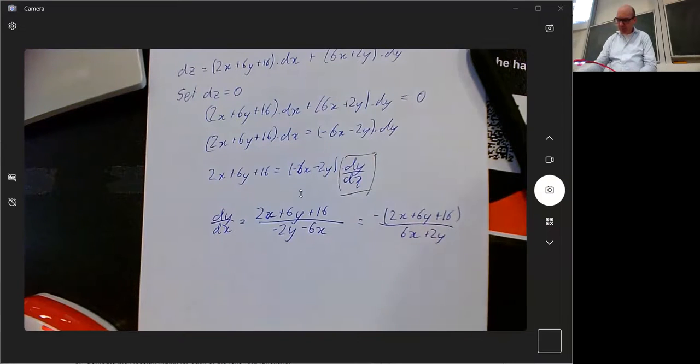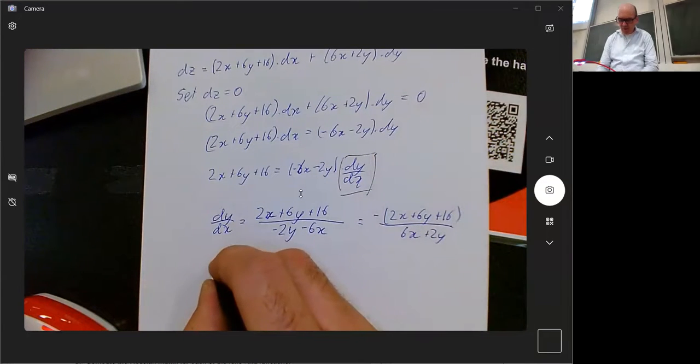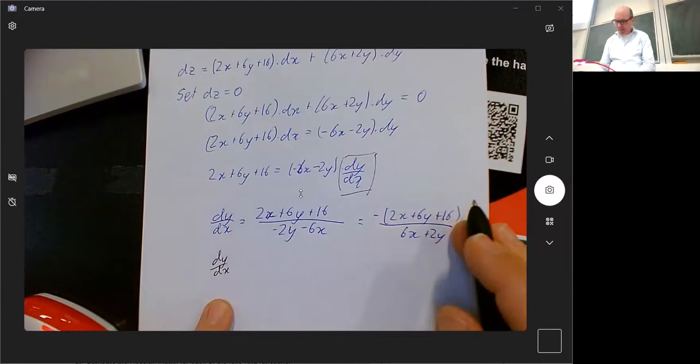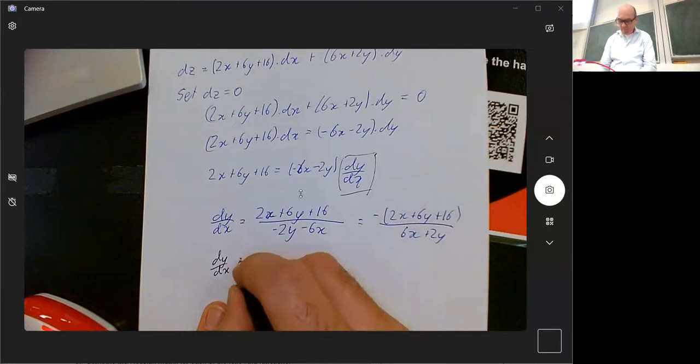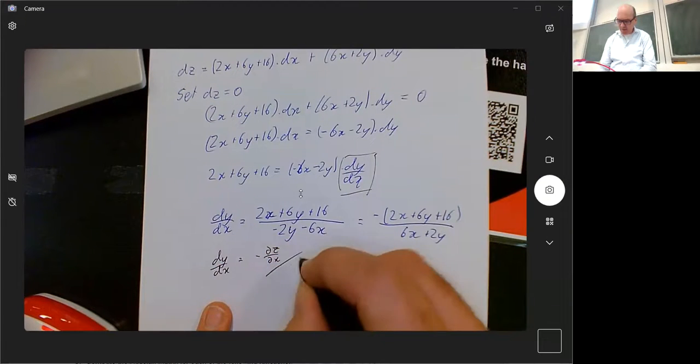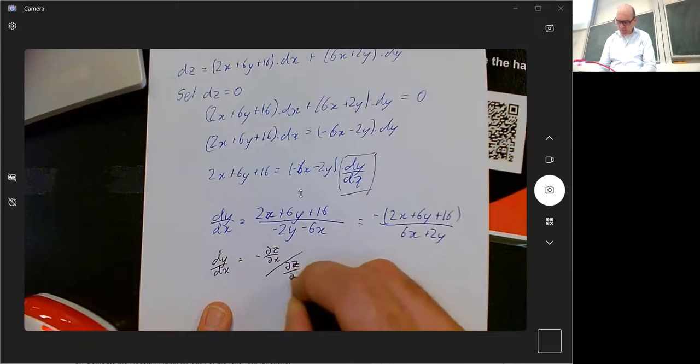So, just as a bit of an aside, quite often you'll say your formula for dy on dx is actually minus the partial of z with respect to x on the partial of z with respect to y.